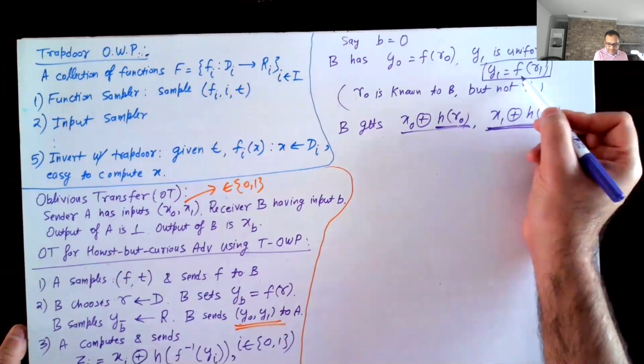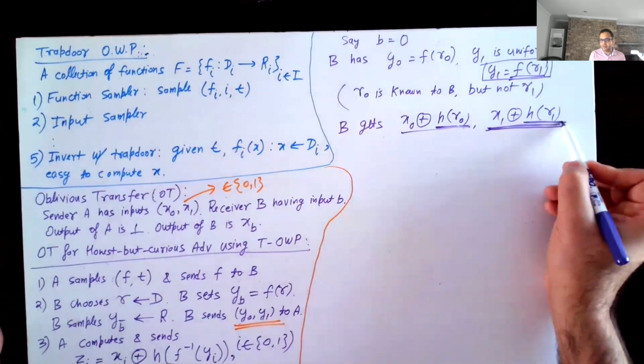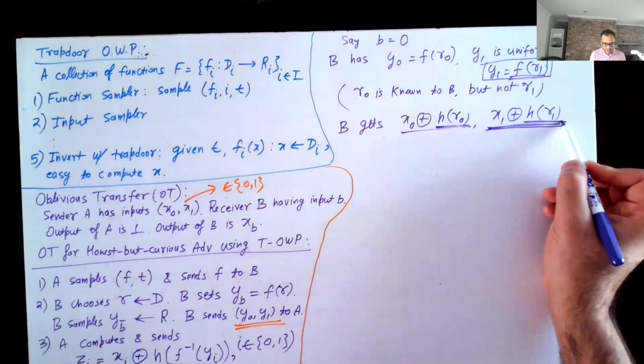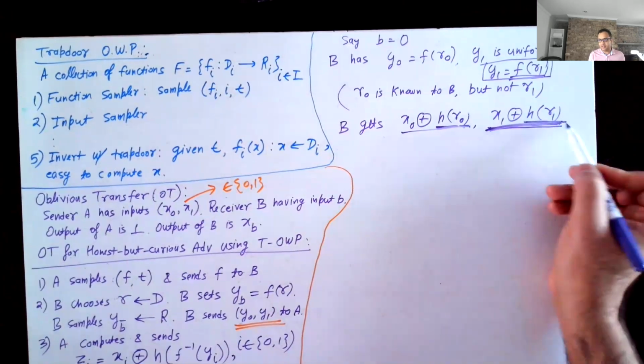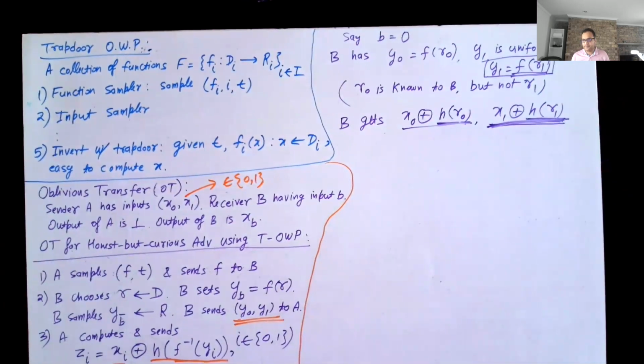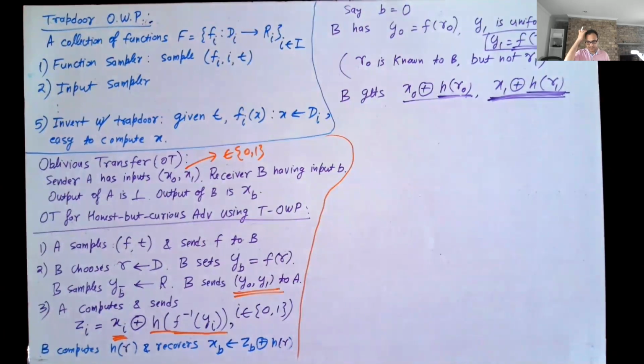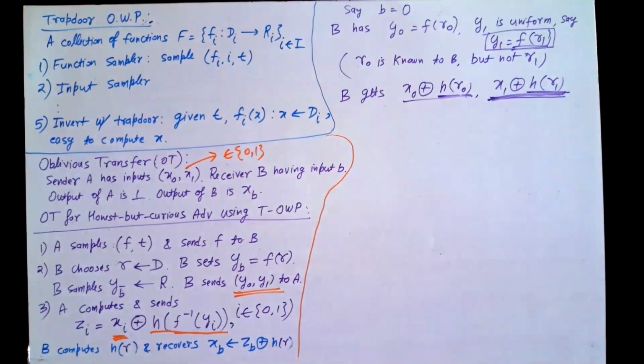And we have a guarantee that given f of r1, the hardcore bit of r1 is supposed to be uniform. And hence this is a one-time pad for the receiver B. Right? Does that make sense? Yes, sir. Now I understood. Thank you very much.